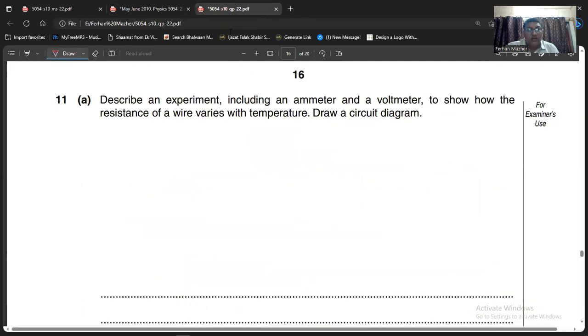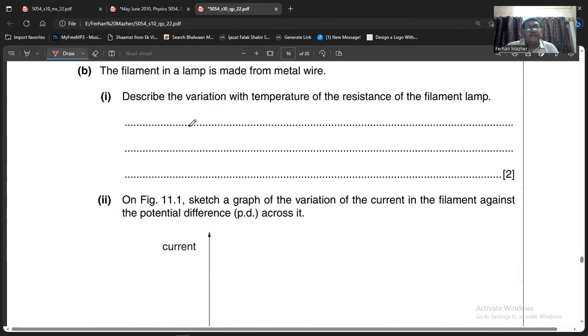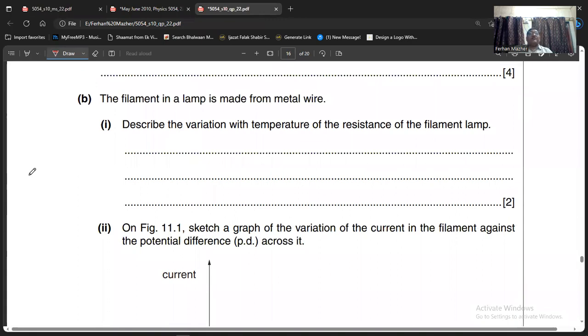Okay. Then, the filament in a lamp is made from metal wire. Describe the variation with temperature of the resistance of the filament lamp. You see, when the temperature of the filament lamp becomes higher, the resistance of the filament lamp also increases.